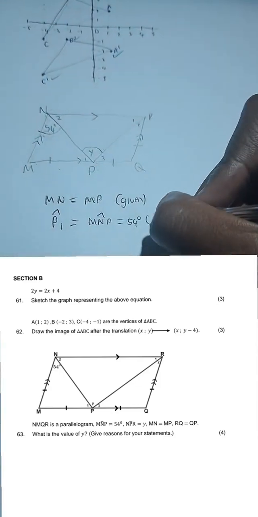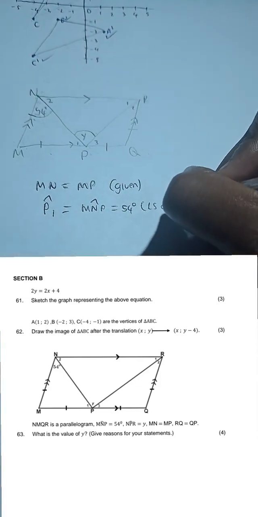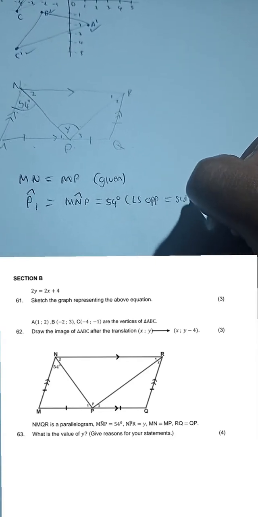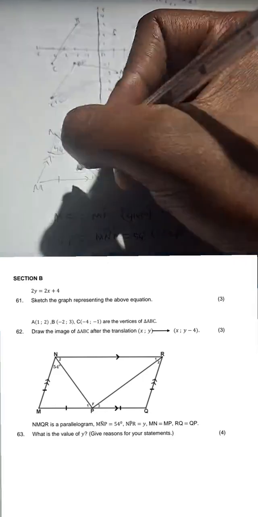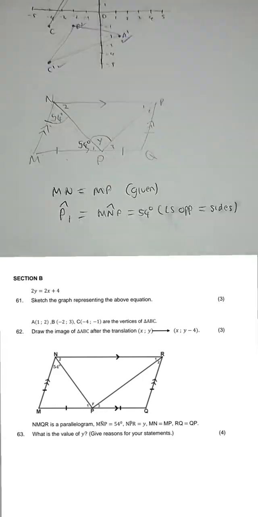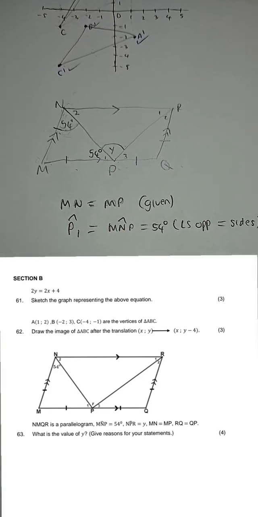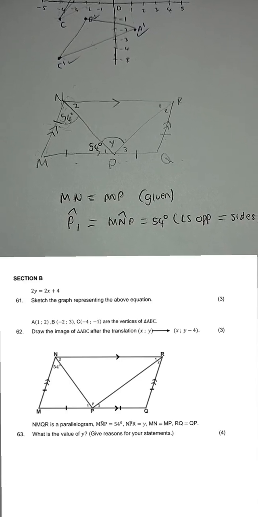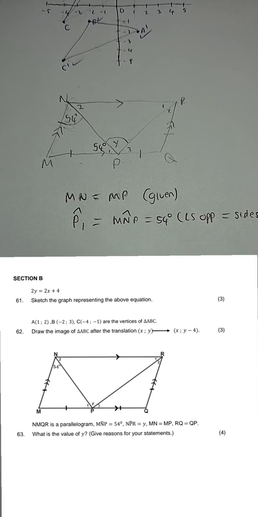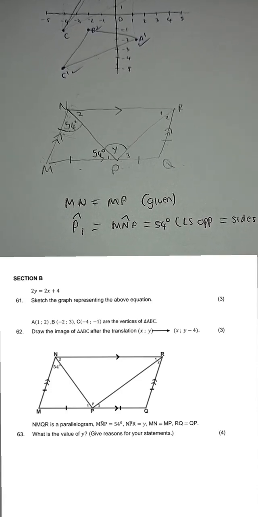Why do we say that? Our reason is angles opposite equal sides. So you can now go and update your diagram and say 54 degrees. Very important, 54 degrees there. I hope that makes sense.